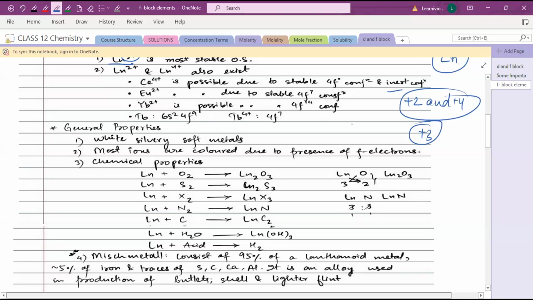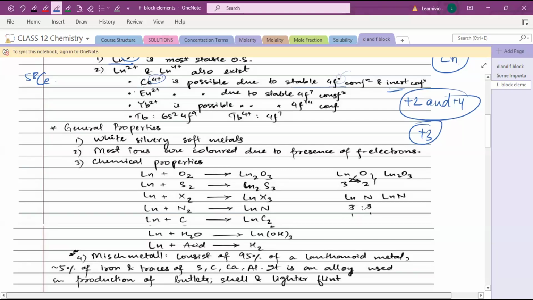So when you write down the electronic configuration of cerium, first you write down the cerium configuration, atomic number 58, and after that you write down Ce4+. You will see that it is 4f0, there are 0 electrons in the 4f orbital, and due to the inert configuration Ce4+ is possible. Cerium 4+ is again possible.